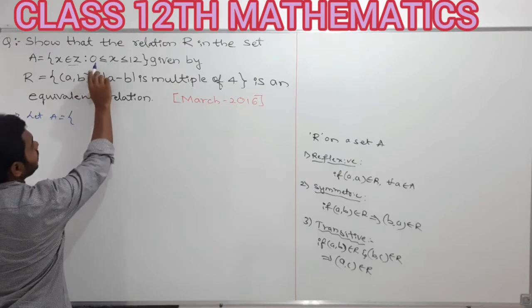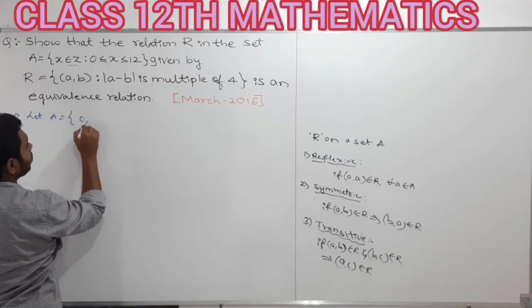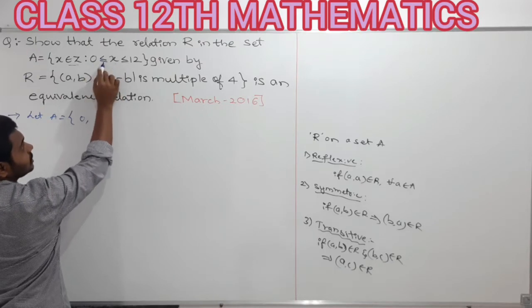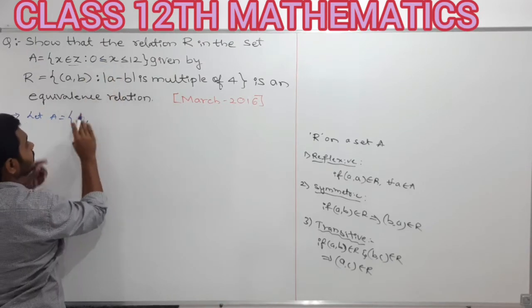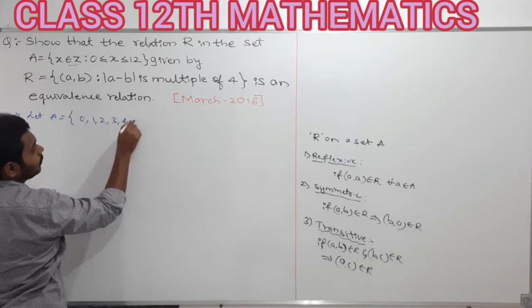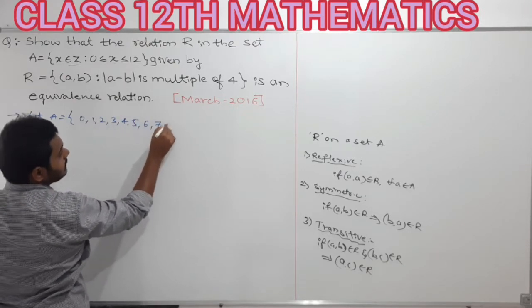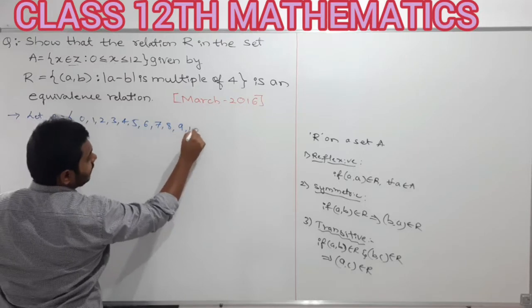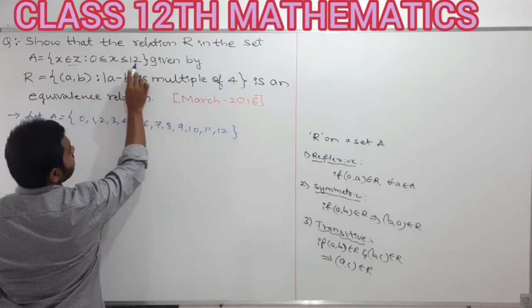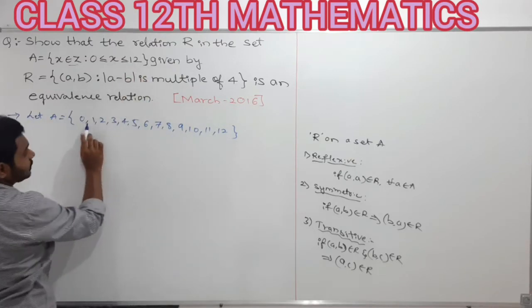For that reason, my dear students, x must be greater than or equal to 0, so 0 is included. After 0, the next numbers are 1, 2, 3, 4, 5, 6, 7, 8, 9, 10, 11 and 12, because x is less than or equal to 12 and greater than or equal to 0.